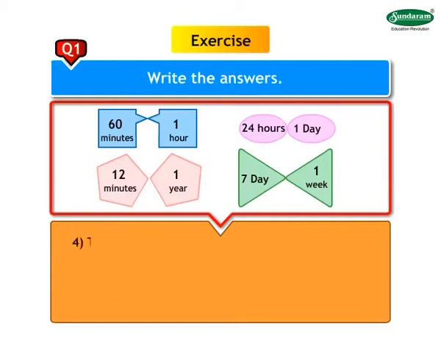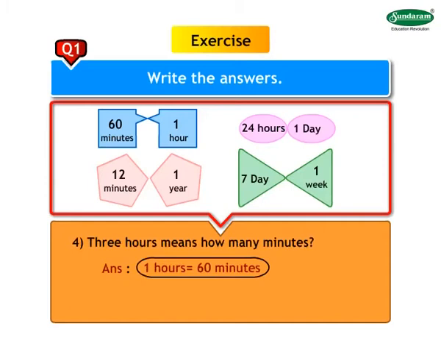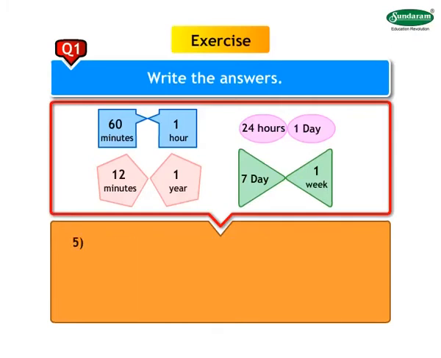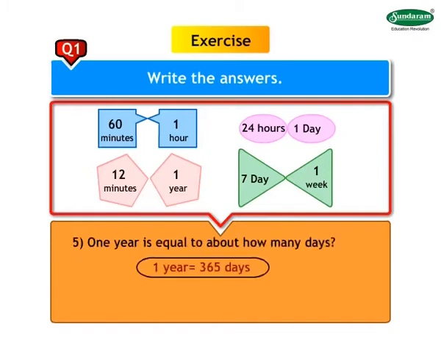4. 3 hours means how many minutes? Answer. 1 hour is equal to 60 minutes. Therefore, 3 hours is equal to 3 multiplied by 60, which is equal to 180 minutes. 5. 1 year is equal to about how many days?